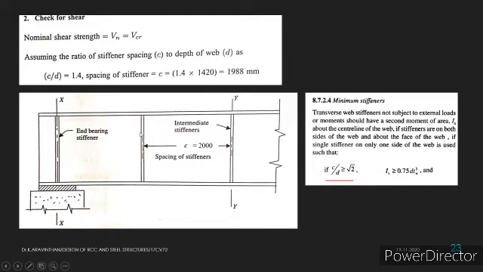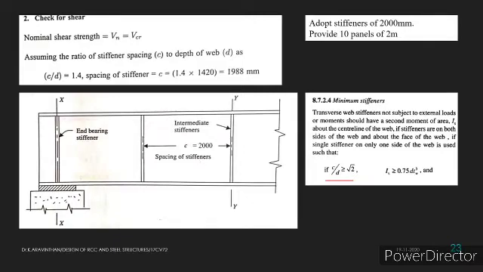Okay, now the stiffener spacing is being designed for the shear consideration, adopting the stiffener spacing as 2000 mm, providing 10 panels of 2 meters. We have a 20 meter span, and for every 2 meters we will be providing an intermediate stiffener.